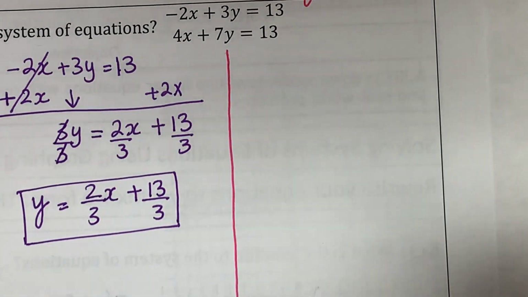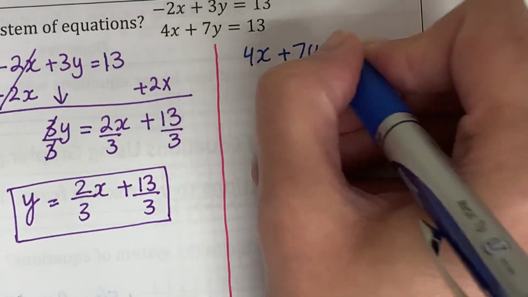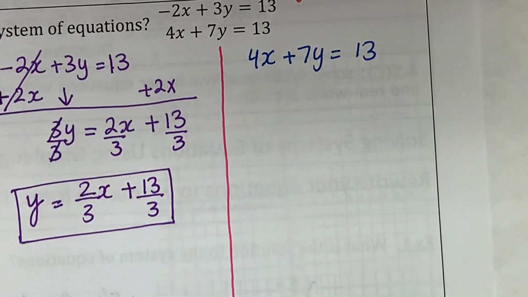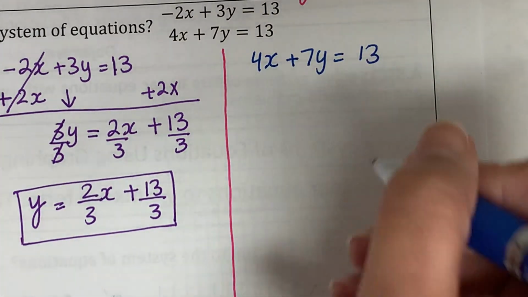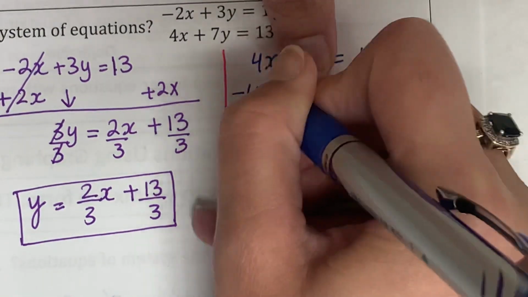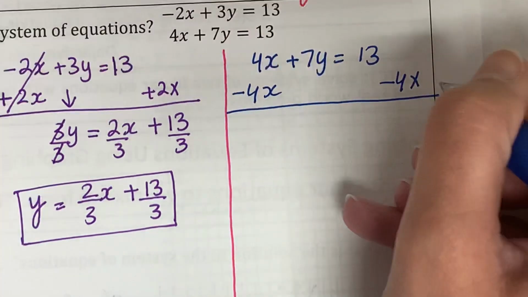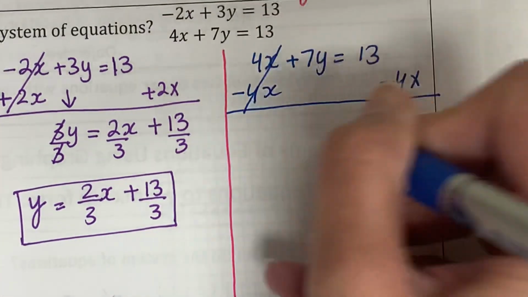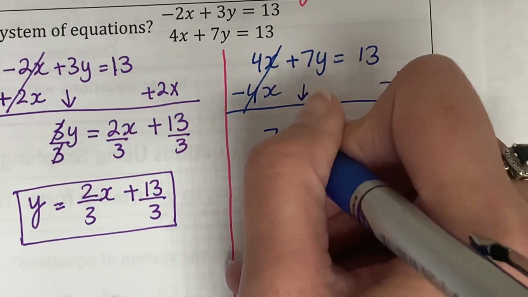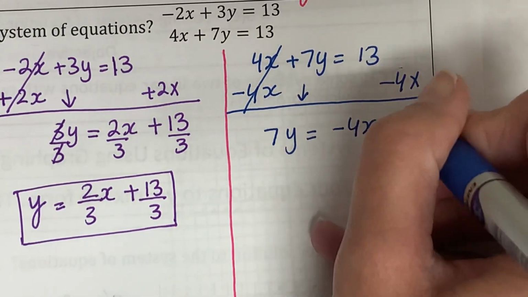Let's fix the second equation, which is 4x plus 7y equals 13. First step would be, I need the y, so minus 4x on both sides. 4x minus 4x cancels, bring down the positive 7y equals negative 4x plus 13.